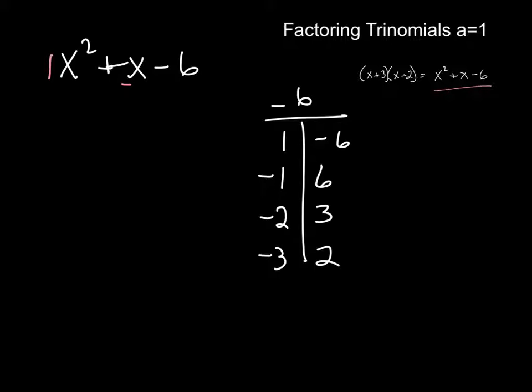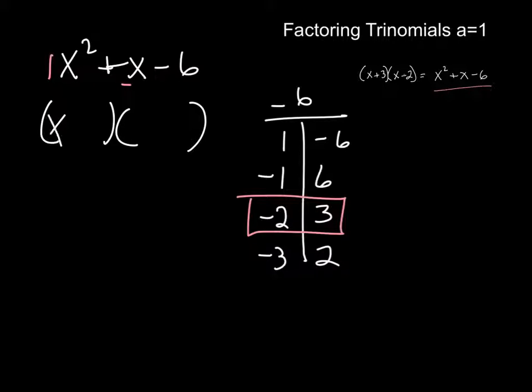And that is going to fall on the negative 2, comma 3. So we can create our binomial parentheses, put in our x values, and say that I have a negative 2 and a positive 3, which of course we know is the answer because it was sort of given to us early. But again, that's our factored form.